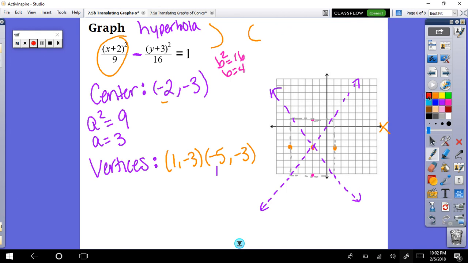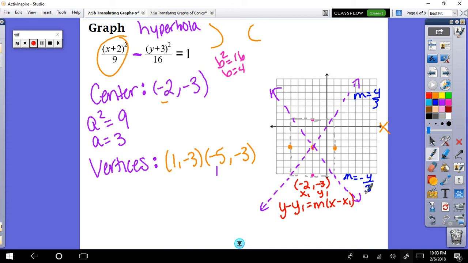I can write the equation of the asymptotes by using slope-intercept or point-slope form: y minus y1 equals m times x minus x1. A point that we could use for (x1, y1) might be the center, (-2, -3). And the slope is just rise over run, so it's up 4 over 3. The slope is 4/3. The other slope is -4/3, down 4 over 3.